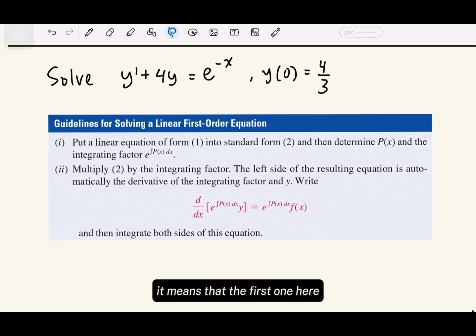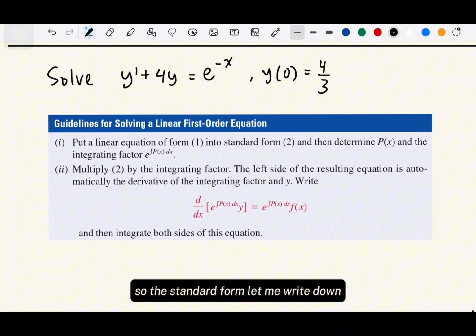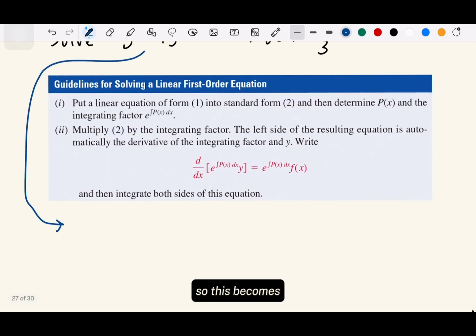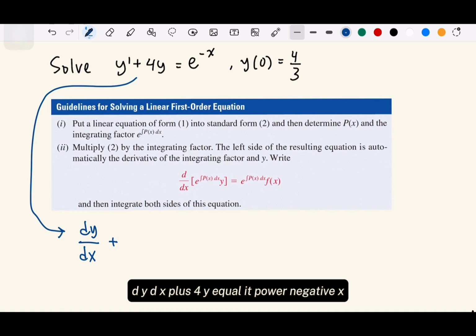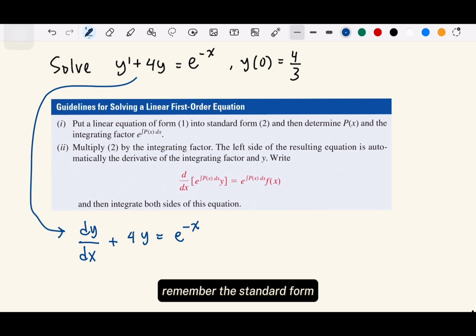It means that with the first one here, let's write it into our standard form. So this becomes dy/dx plus 4y equals e to the power of negative x. Remember the standard form.